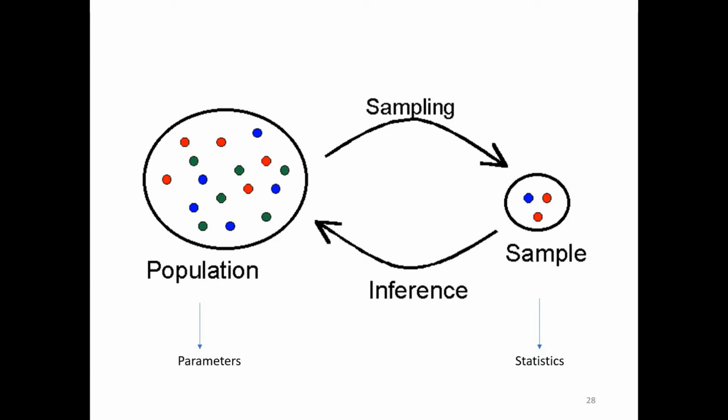I need a sample which randomly selects students out of my population. The values associated with population are called parameters, while the values associated with the sample are called statistics.